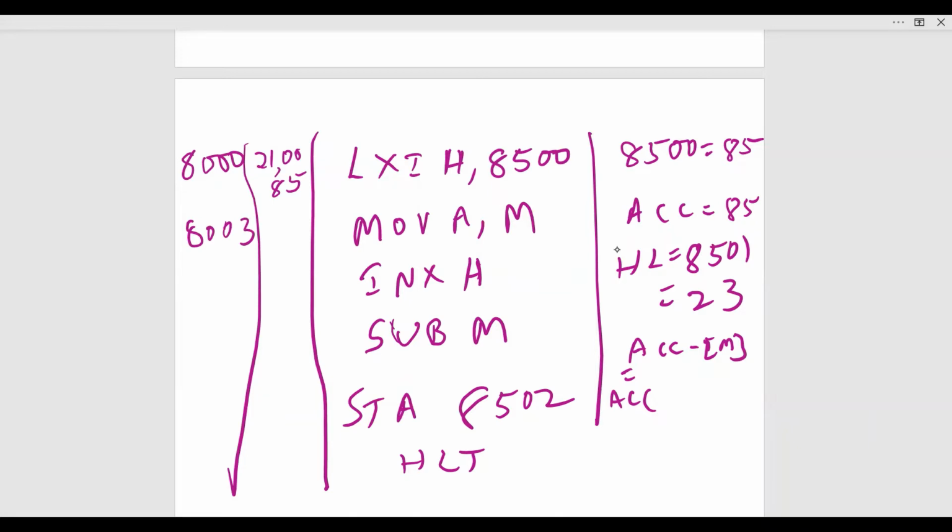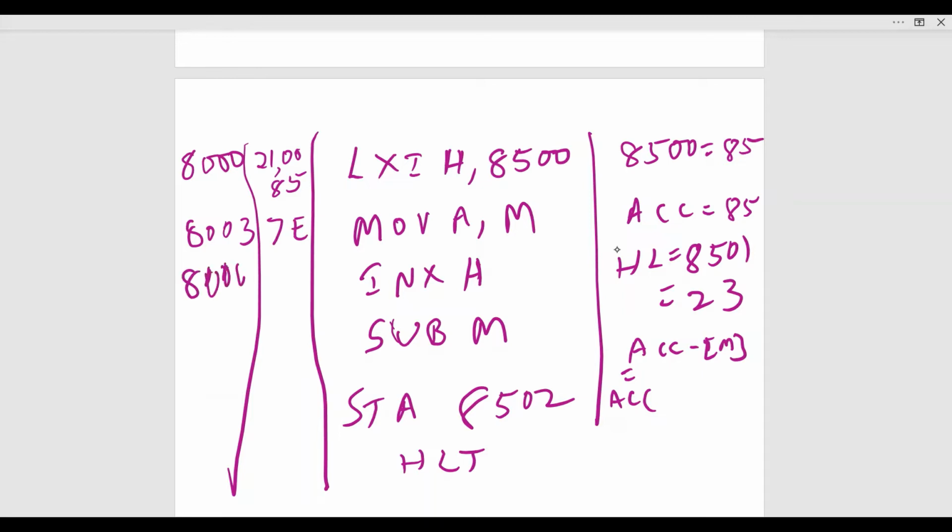This is a single byte instruction. MOV A, M has the opcode 7E. This is a single byte. Next is 8004.